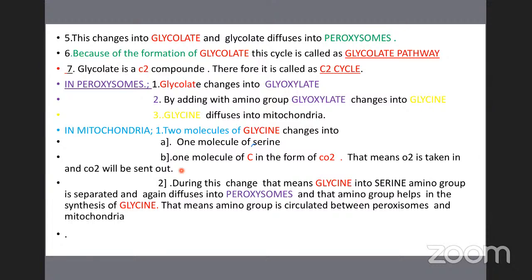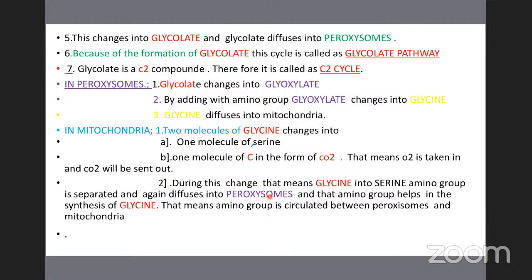During the change of glycine into serine, whatever amino group was added to glycolate is separated from the glycine and diffuses into peroxisome, and that helps in the circulation of the cycle.